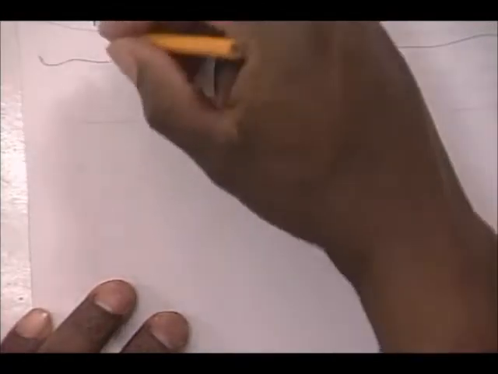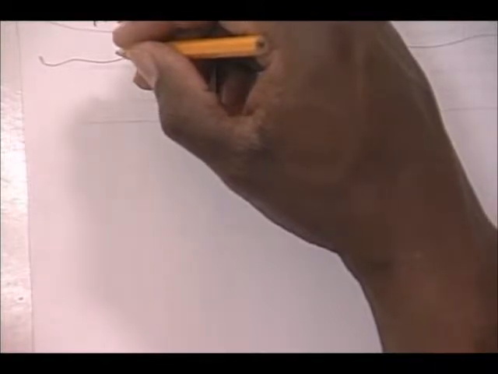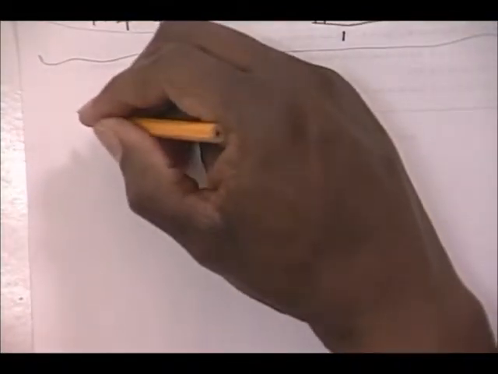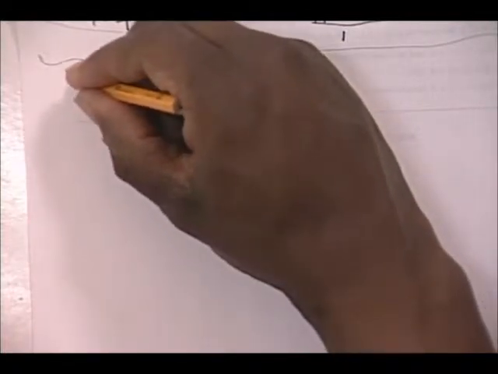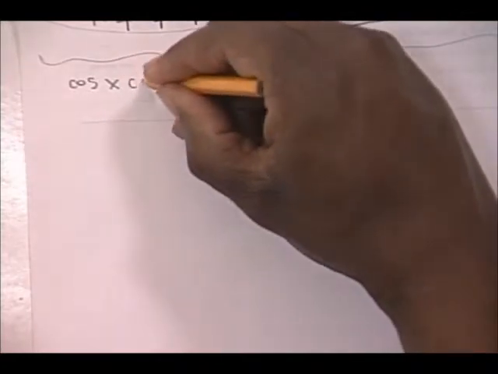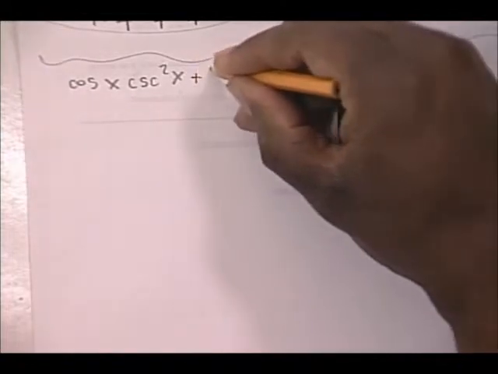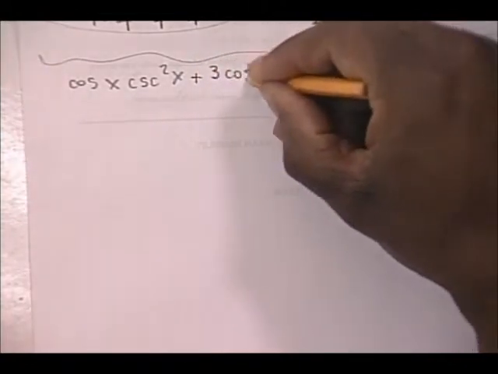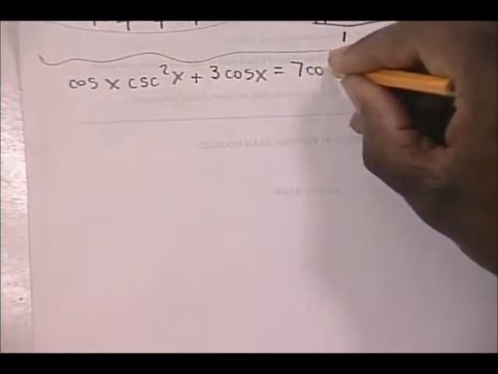One more problem. So what we've got here is we're looking for the solution to cosine x cosecant squared x plus 3 cosine x is equal to 7 cosine x.